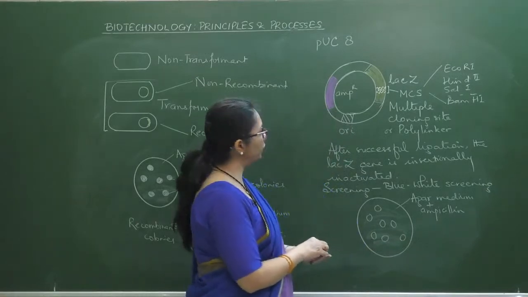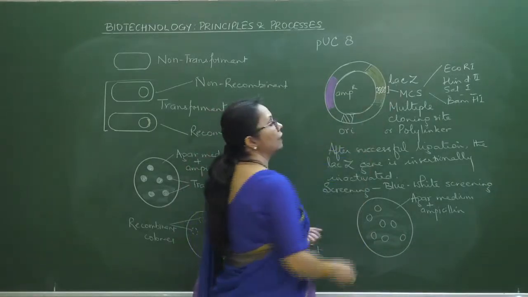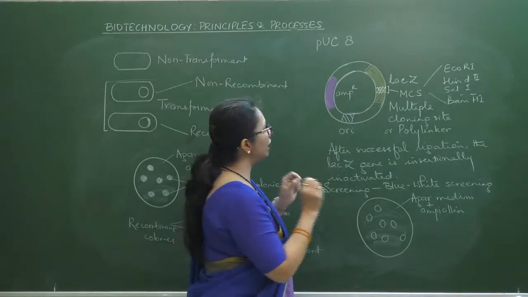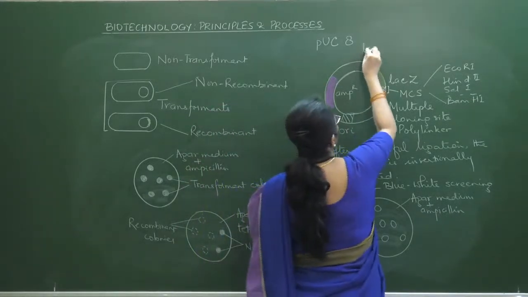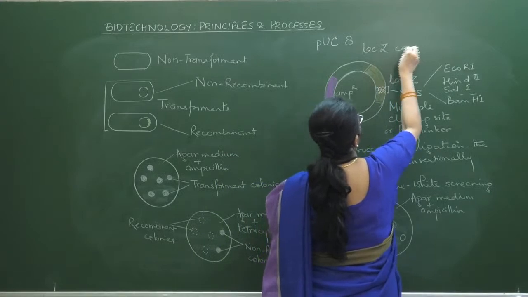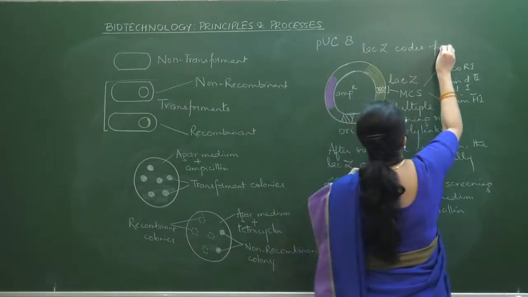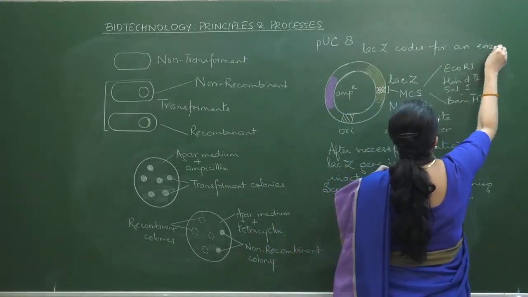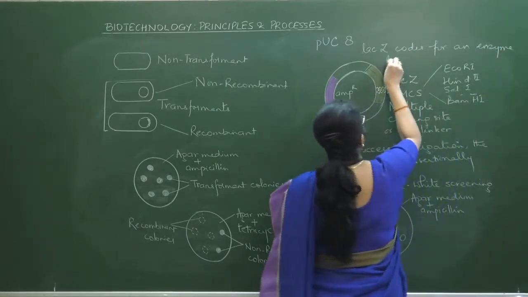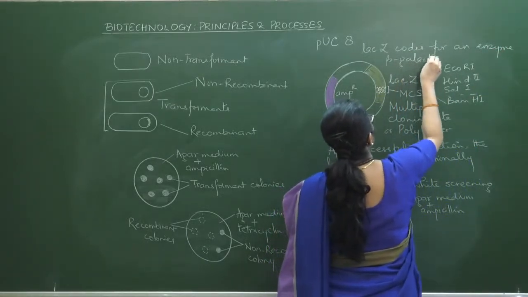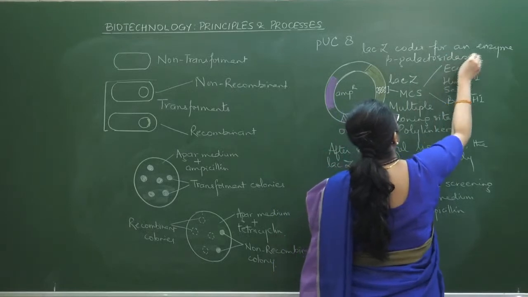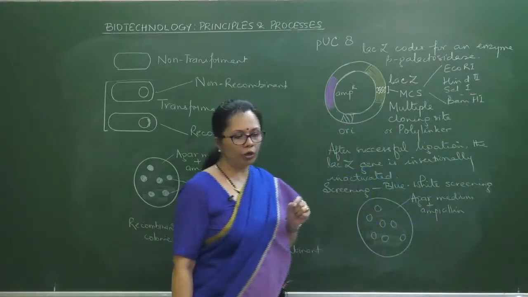And then what we do is that this gene lacZ codes for an enzyme beta galactosidase. This you must have also studied in the lac operon model.